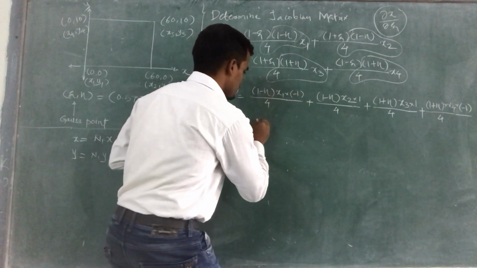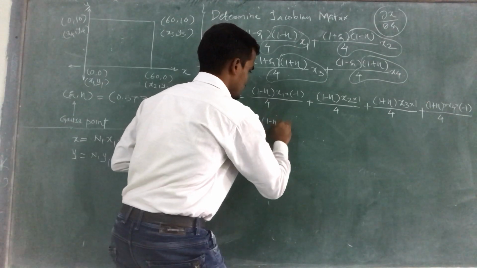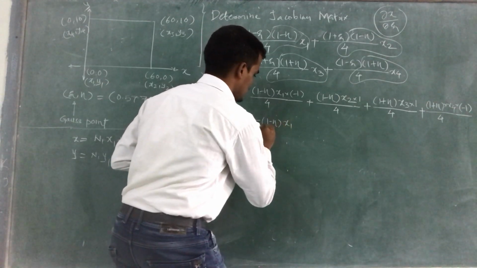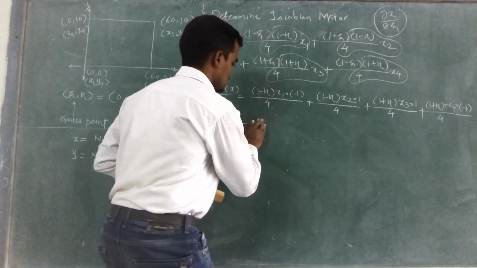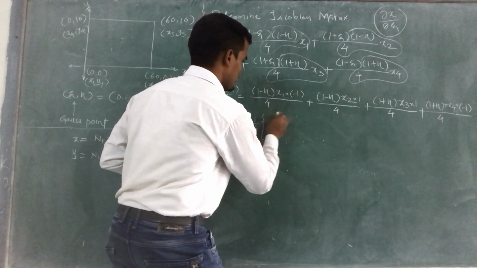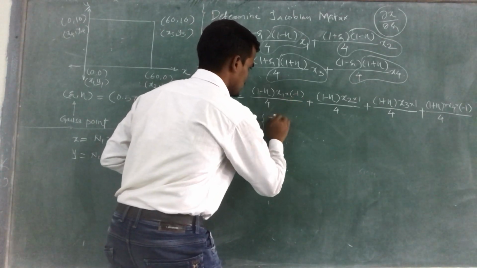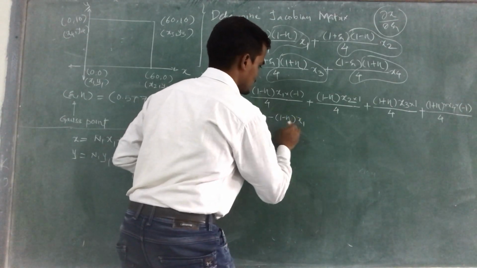this term will become minus (1 − θ) times x1. If we take 1 by 4 as a constant, then finally it will become 1/4 in bracket, minus (1 − θ) times x1.